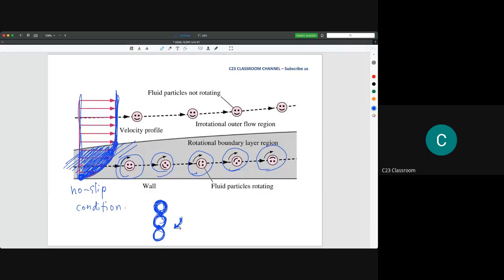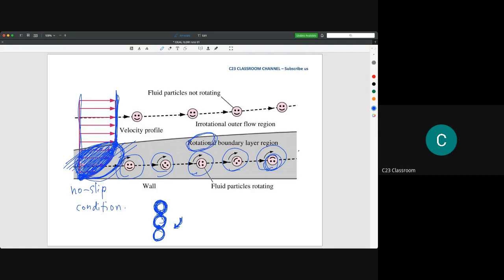This is the basic idea why we normally assume that in a velocity profile like this, the region that has a difference in velocity profile, the molecule has a tendency to spin. So here we call it a rotational flow.